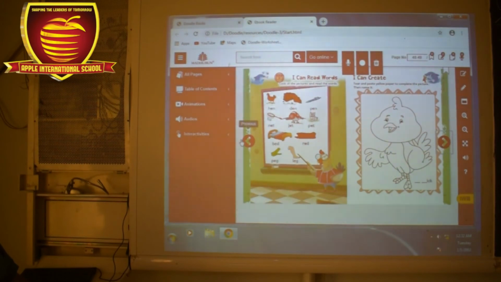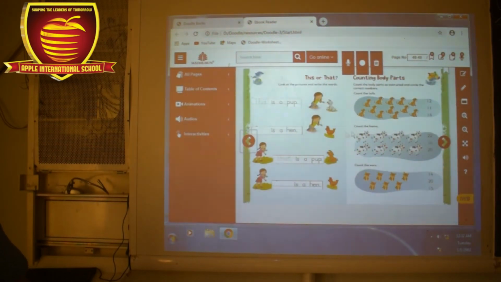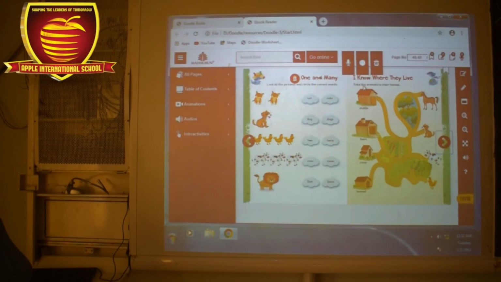Students, match. I know where they live. Take the animals to their homes. Like stable, STABLE, stable. Who lives in a stable?